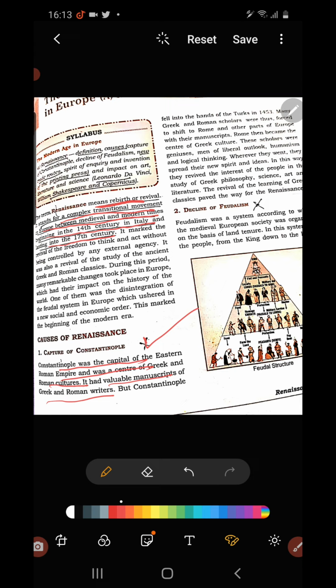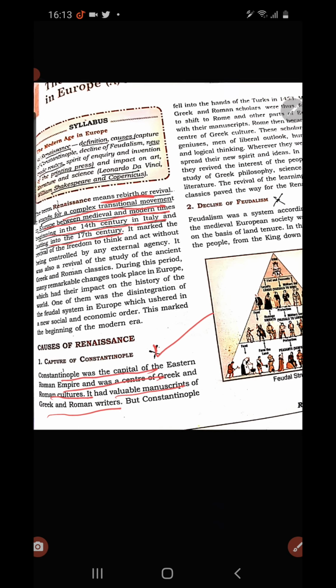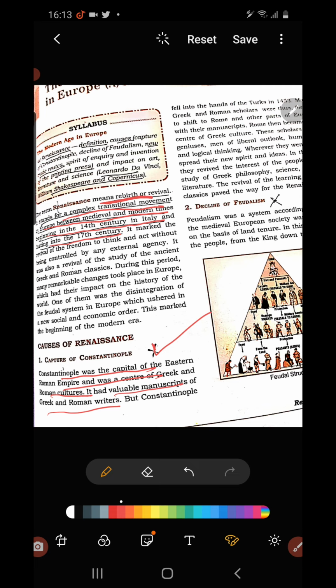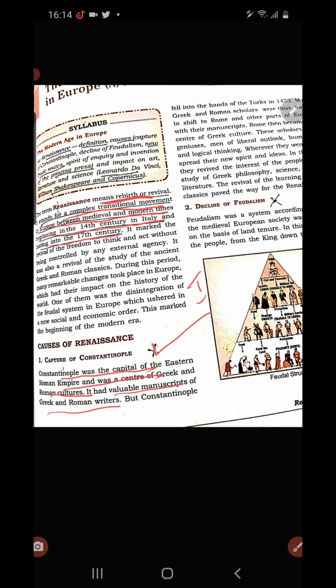In order to protect their knowledge, they had handwritten manuscripts of Greek and Roman classics, which were very valuable. When the Arabs attacked Constantinople, the scholars carried these manuscripts and ran away, and finally they reached a place called Italy.